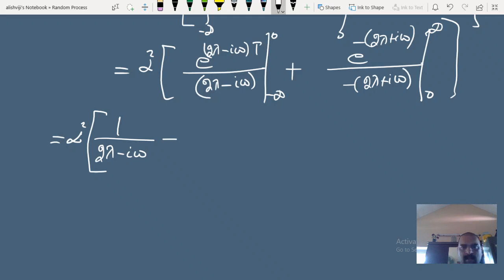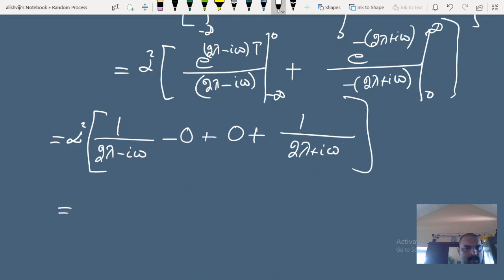When tau is minus infinity, e raised to 2 lambda minus i omega into minus infinity is e raised to minus infinity, which is 0. Then plus, here the upper bound is e raised to minus infinity, which is again 0. Then the lower bound is minus e raised to 0, which is 1, and here we have a minus, so it becomes plus 1 by 2 lambda plus i omega.